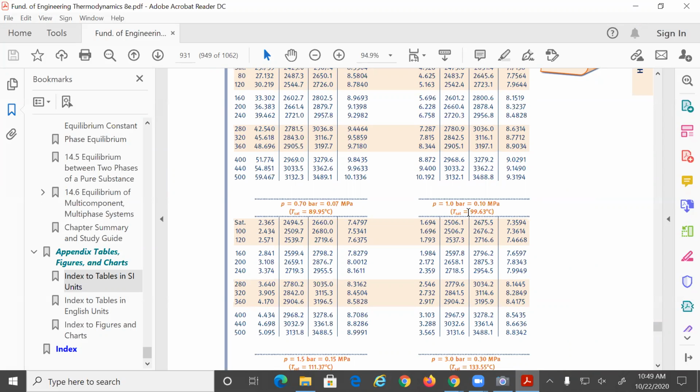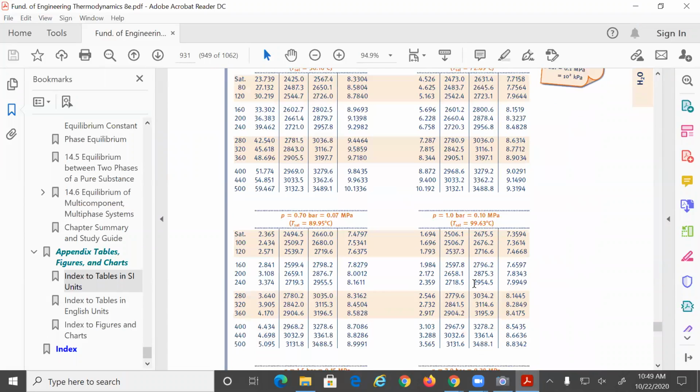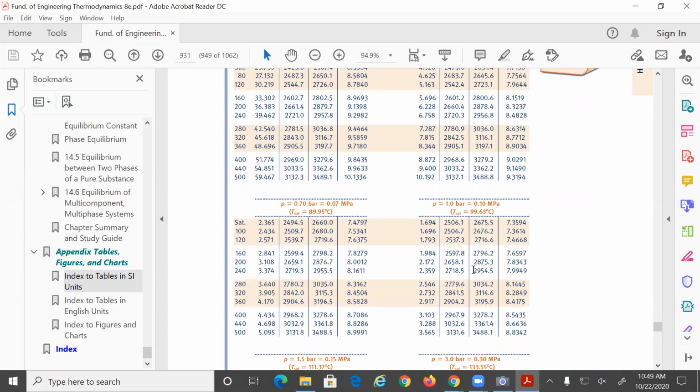So we know table A4 at 240, how lucky we are that they have it here. At 1 bar, the H will be equal to 2,954.5, okay? So from table A4, H4 equals 2,954.5.